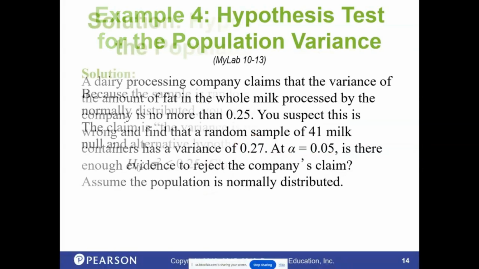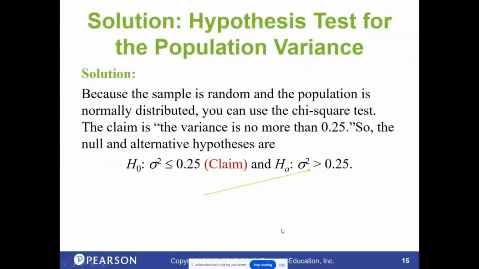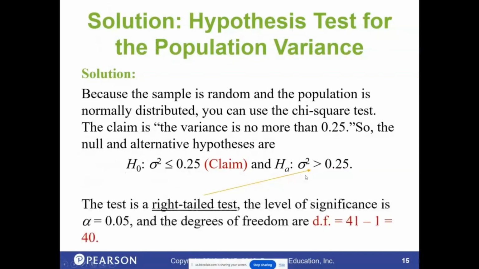Okay, so we have our claim that the variance is less than or equal to 0.25. That's our H sub O. That's going to make H sub A, the variance is greater than 0.25. And because the H sub A is greater than, that tells us we have a right-tailed test. The level of significance was given to be 0.05. And since N was 41, that makes our DF 40.